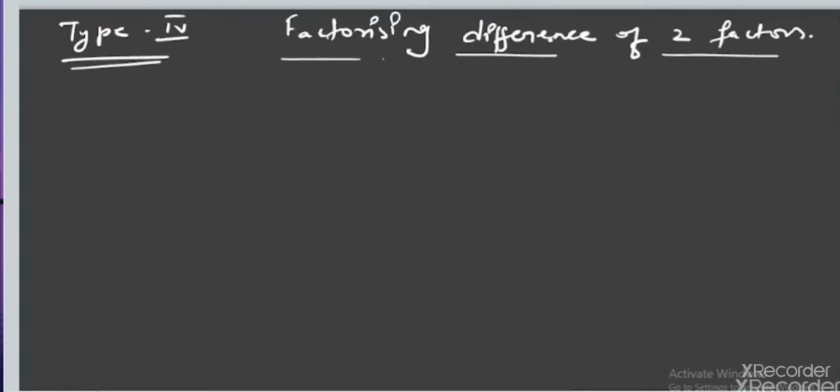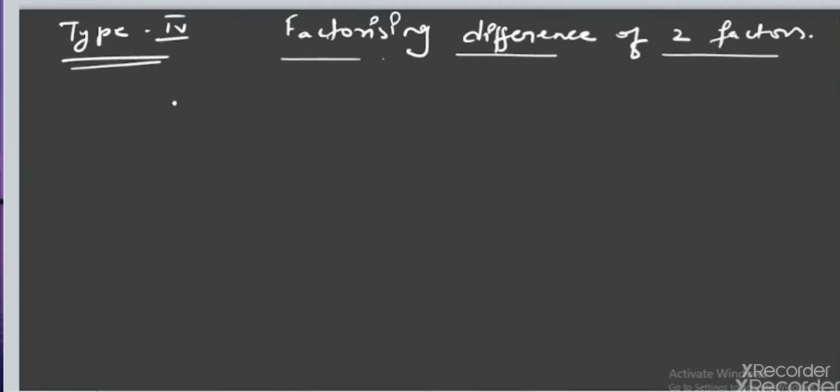We are going through a series of sessions for the chapter factorization, and since factorization has a lot of types, we have two parts to it. The first part is going on, which is for classes 6 to 9.